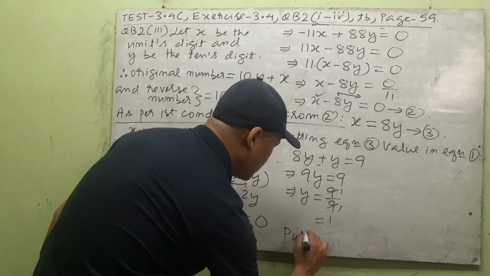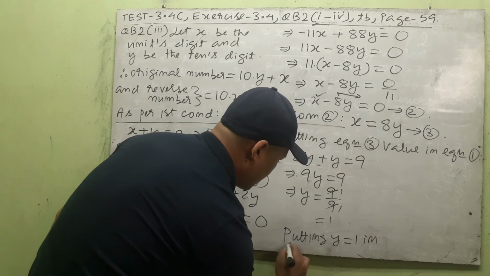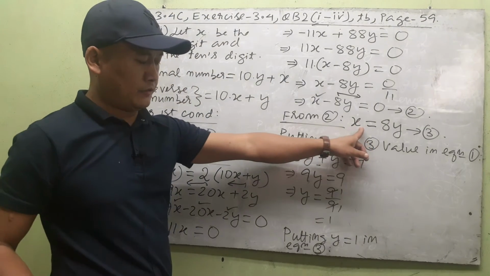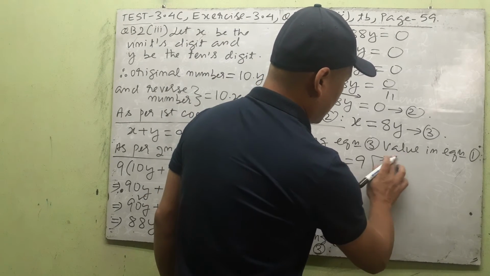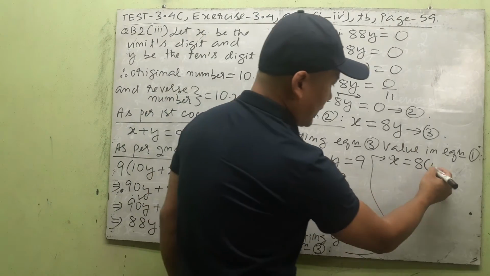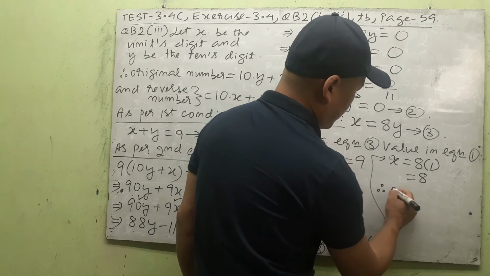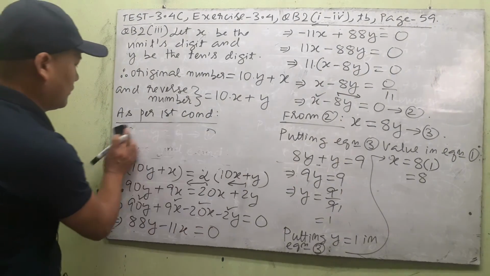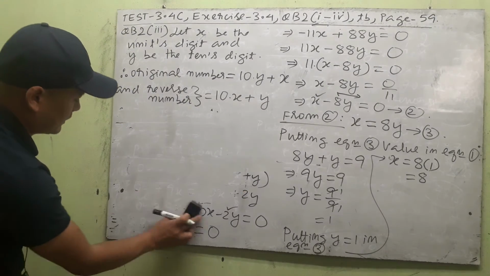Then putting y equal to 1 in equation number 3, because 3 is perfectly arranged to find x. We get x equal to 8 into y, and y is 1, so x is 8. Therefore, for the final answer, go back to the beginning. The question says find the number, meaning the original number.